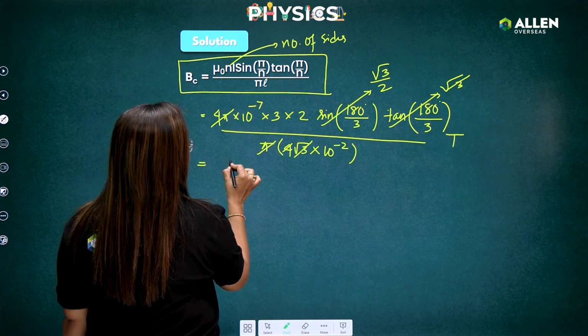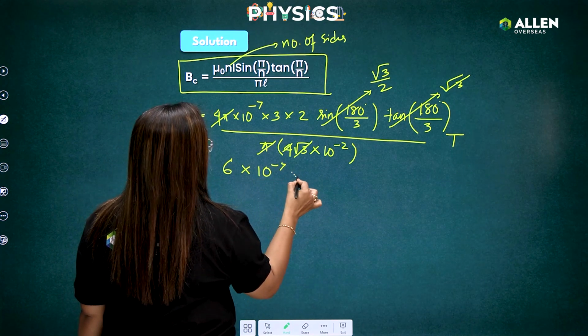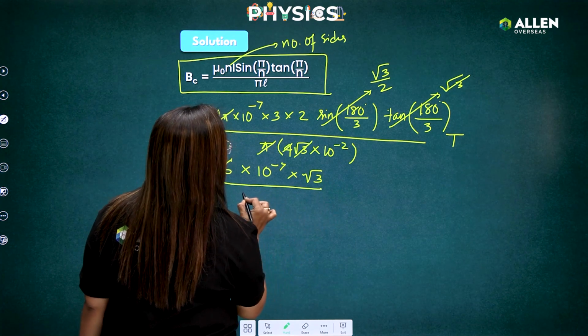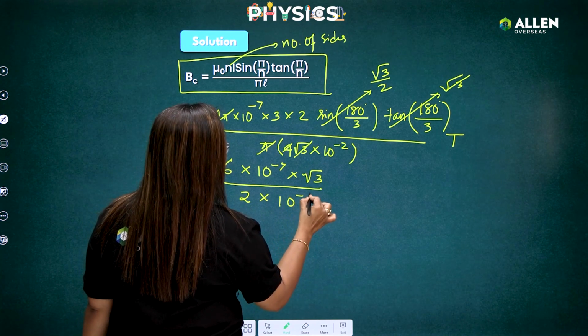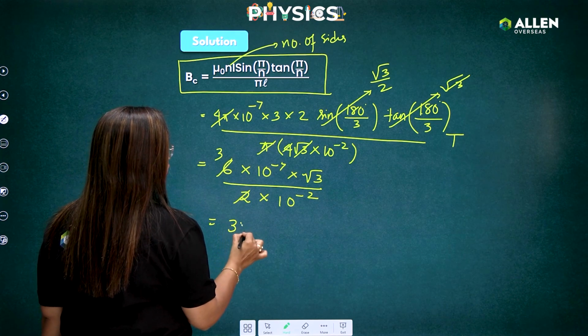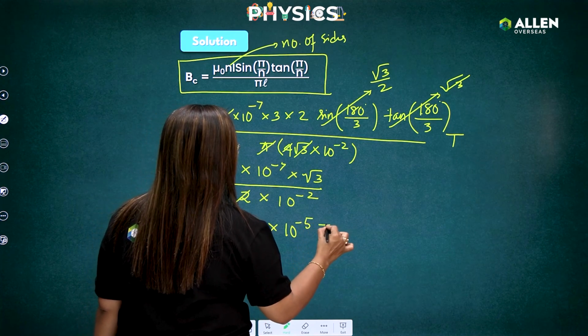So we are going to get here 6 into 10 to the power minus 7 into root 3 divided by 2 into 10 to the power minus 2. Look at here, it is coming as 3 root 3 into 10 to the power minus 5 Tesla.